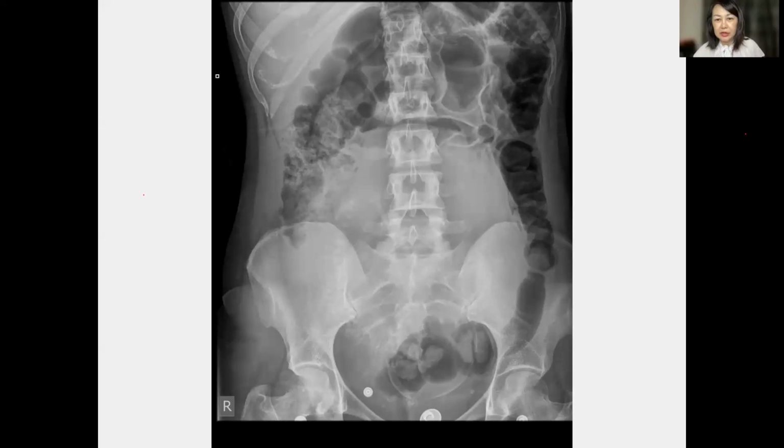Somebody said perforated bowel, left psoas tumor. No post-op history. The patient is an 18-year-old female with acute abdomen, in a lot of pain.